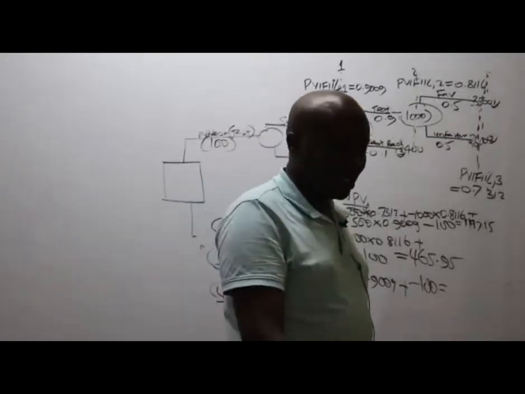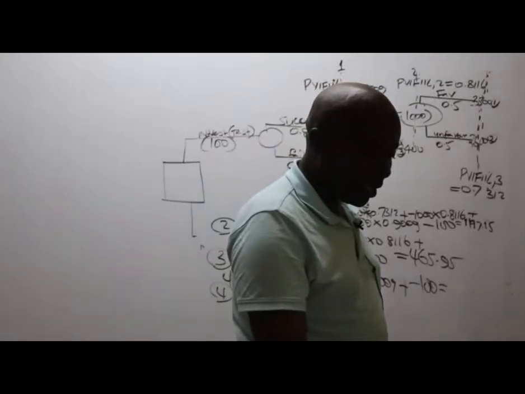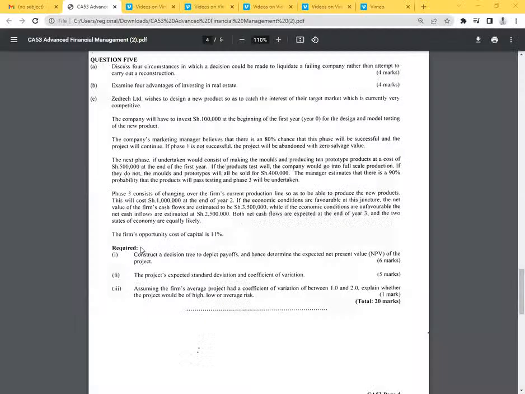They've told us here that if the economic conditions are favorable, the net value of the firm's cash flows are estimated to be 3.5 million, while if the economic conditions are unfavorable, the net cash inflows are estimated at 2.5 million. Both net cash flows are expected at the end of year 3, and the 2 states of economy are equally likely.